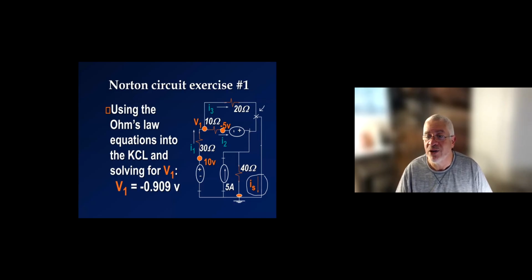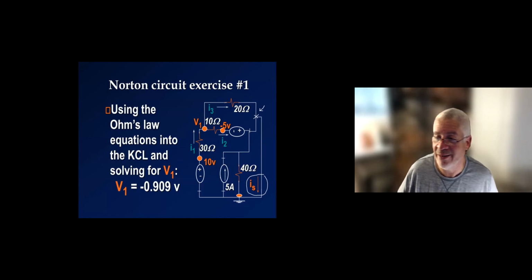So basically, if I do that, okay, you can see that IS is going to be I3 plus I2 minus 5. The 40 ohm gets no current because it's short circuit. The current on the 40 ohm is 0 because it's that node minus the reference node. It's the reference node minus the reference node divided by 40. It's 0.